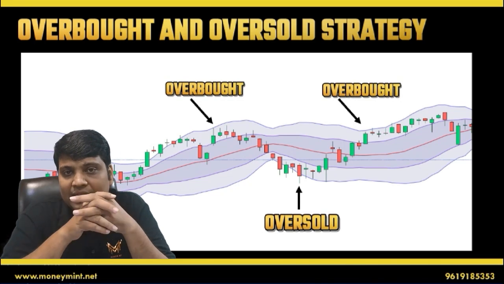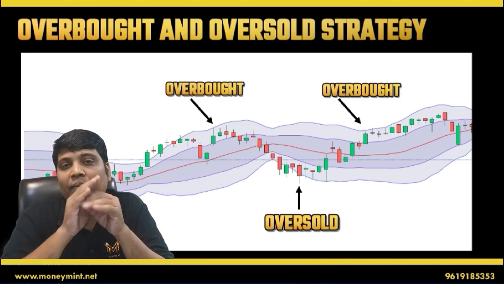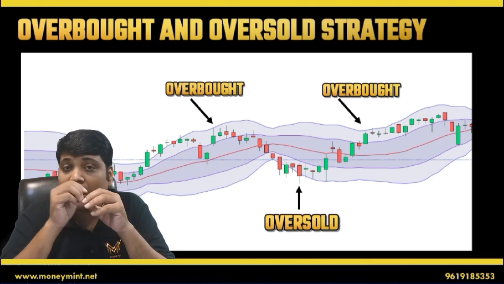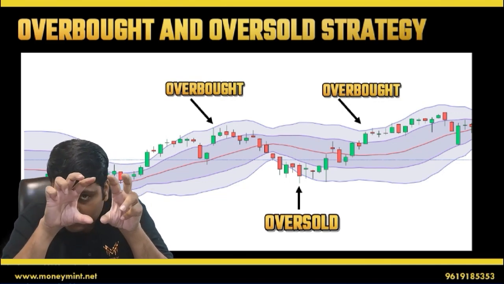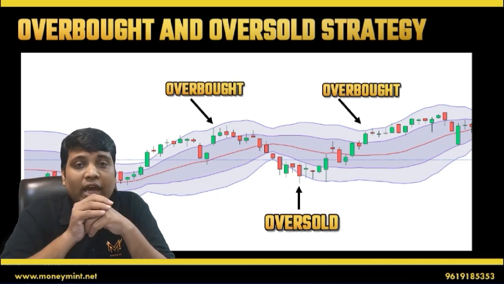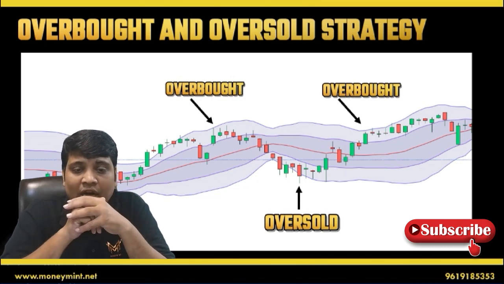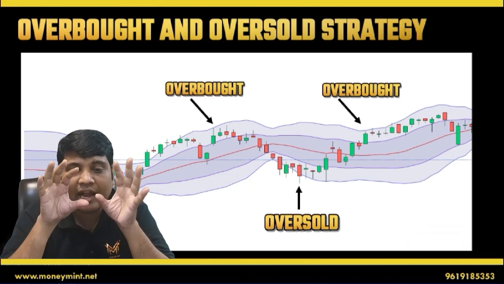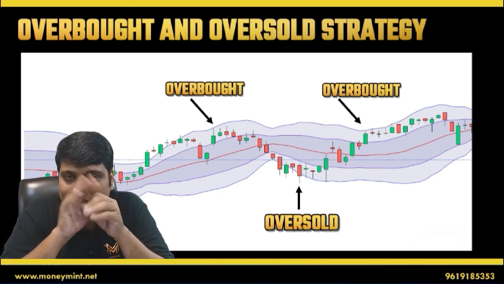Now, when to apply this strategy? Whenever the price leaves the upper band, you can apply this strategy. Whenever the price leaves the lower band and the structure is flat, moving parallel, then you can apply this strategy. Now in the chart you will find the structure has become roughly flat and the price has left the Bollinger Band.